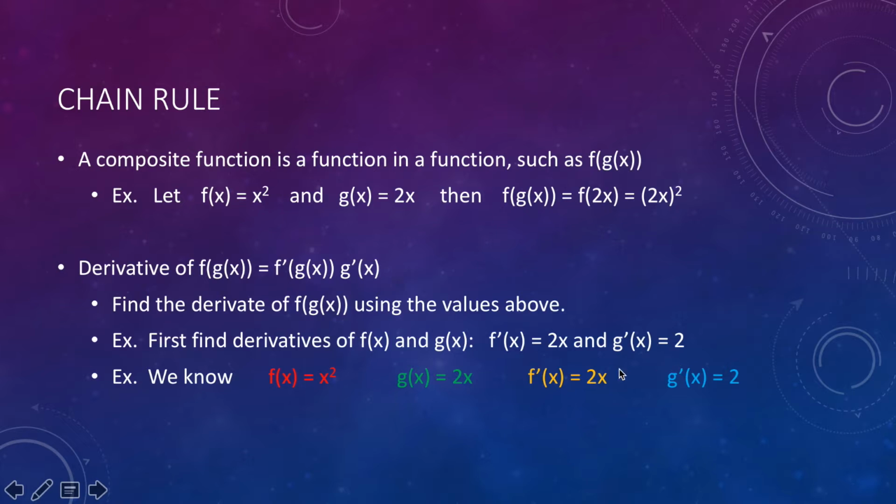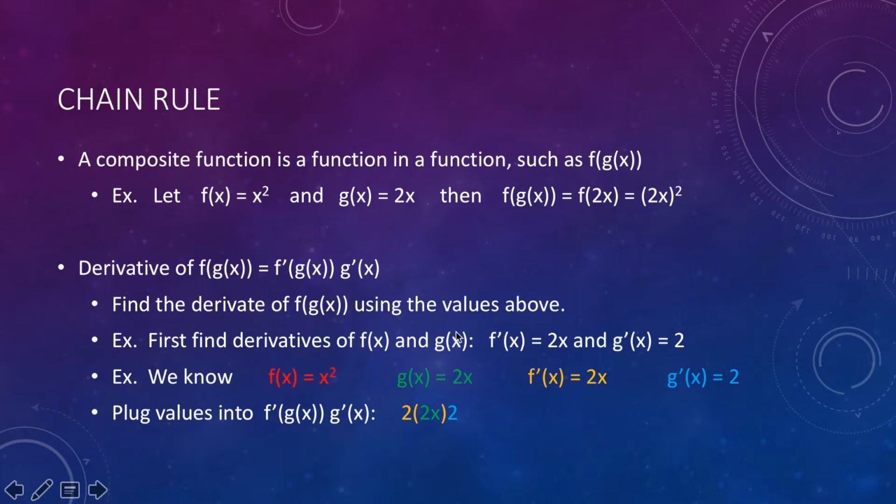We know the derivative of both of these is just 2x and then 2. So plug all these values back into here, right? So you have the derivative of f of x, which is 2x. Then you plug g of x into that, which is 2 times 2x, and then you multiply that times the derivative of g of x, which is just 2.